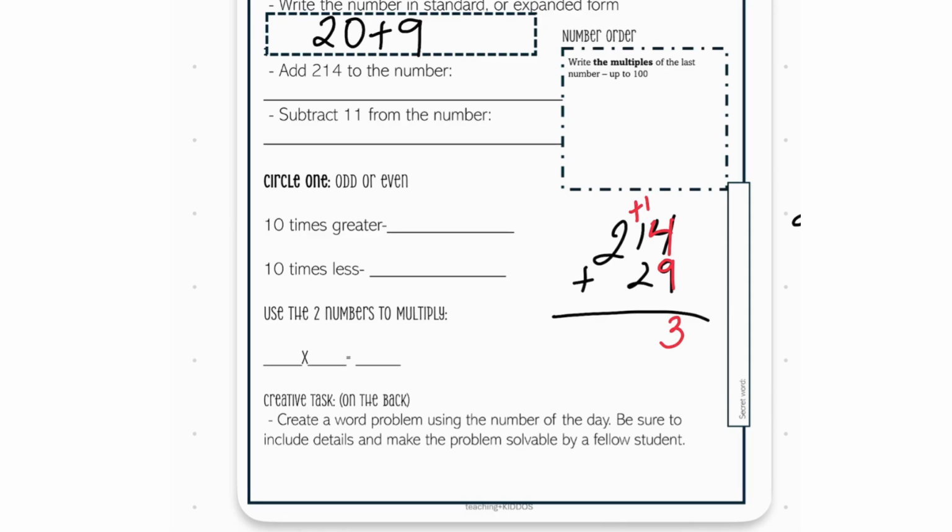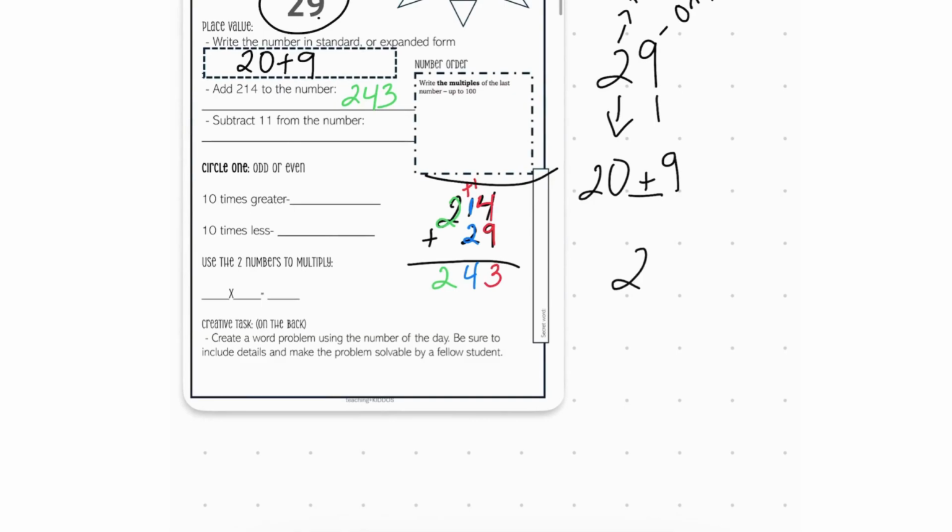Then in the tens place, we have 1 plus 1 plus 2. So 1 plus 1 equals 2, and 2 plus 2 equals 4. Finally in our hundreds place, we have a 2. So we'll make it 243.